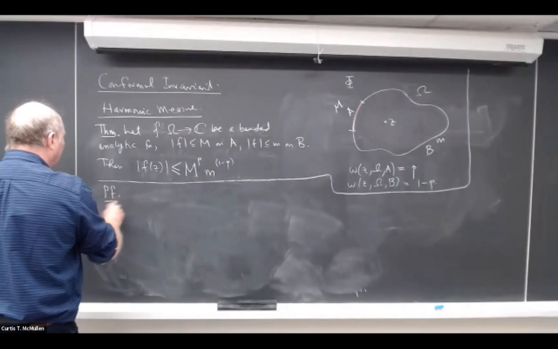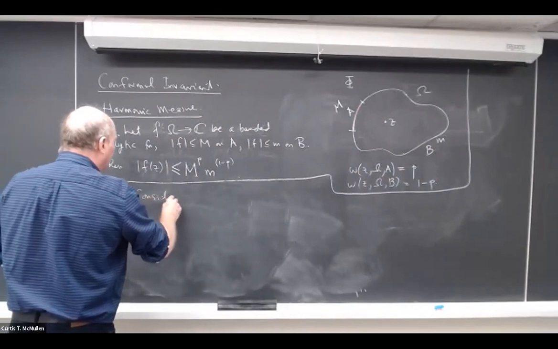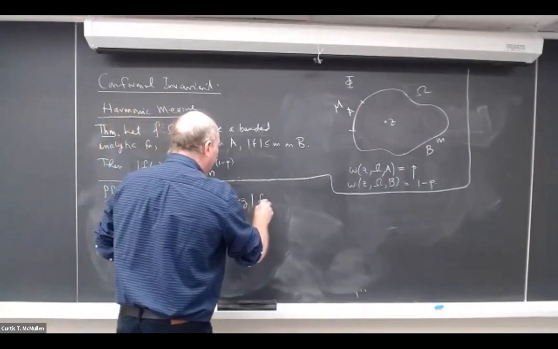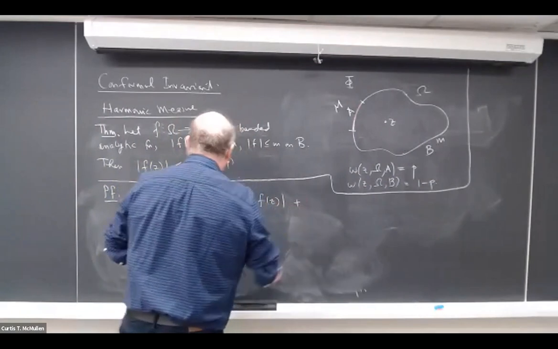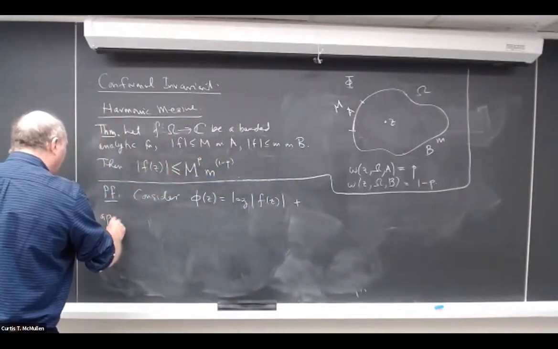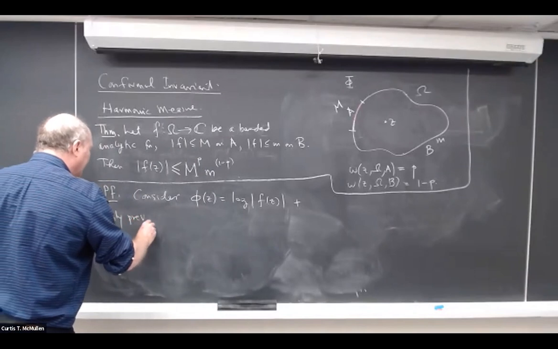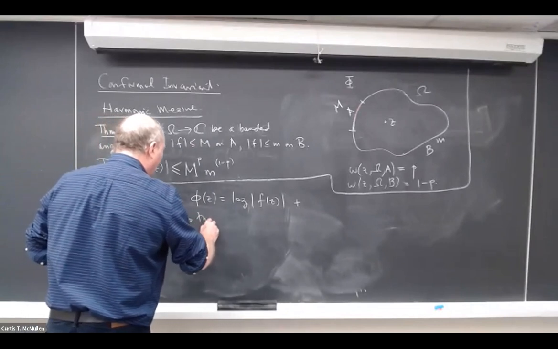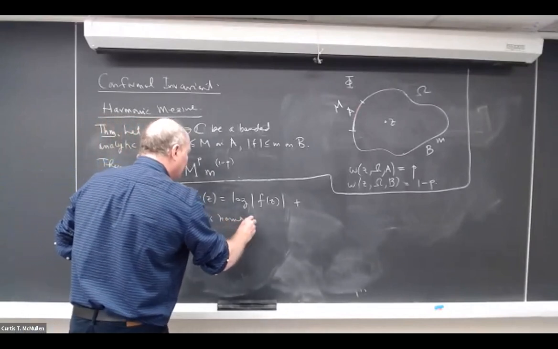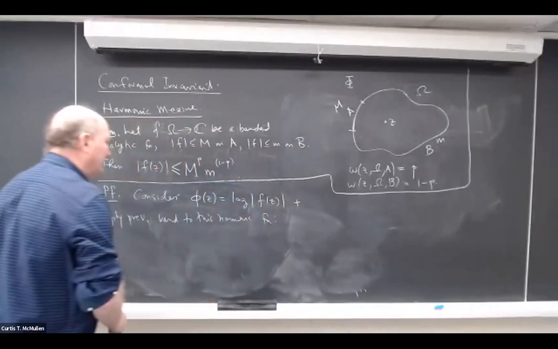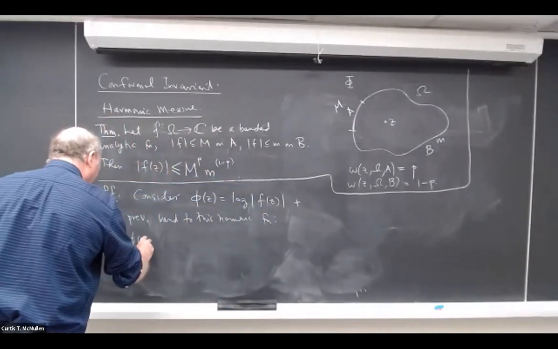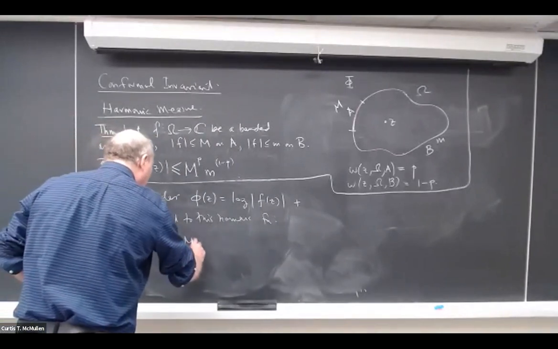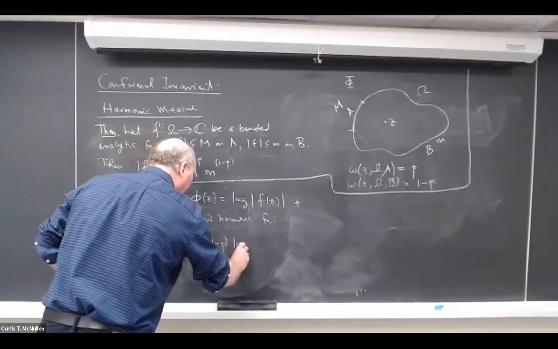We consider the function phi of z, which is the log of the absolute value of f of z, and we apply the previous bound to this harmonic function, to get that phi of z is less than or equal to p log capital M plus 1 minus p log little m.